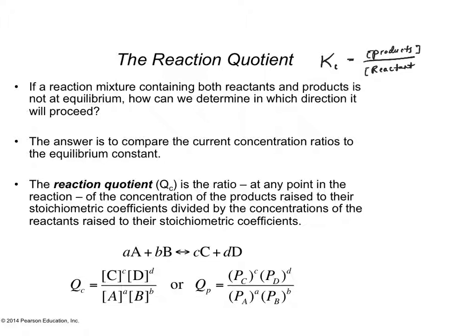And again, these are going to be raised to their stoichiometric coefficients, right? The big thing about this, though, is that if we are determining K, these have to be at equilibrium. You cannot plug them in to determine K if they are not at equilibrium, okay?